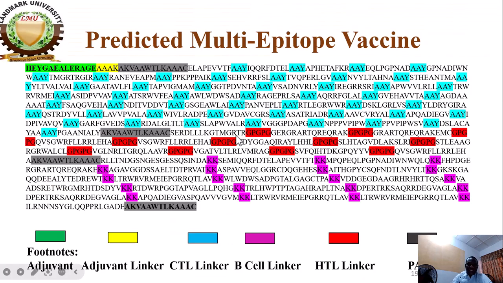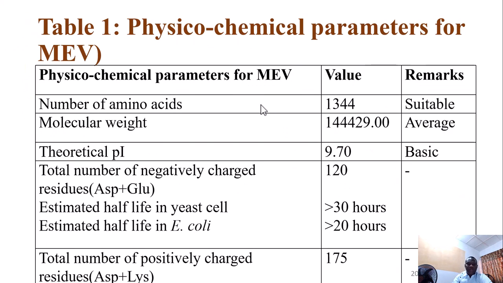Just like I said, the vaccine candidate is as predicted here, with the epitopes variously linked with different linkers as displayed.